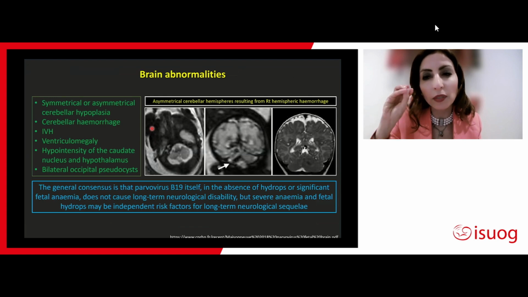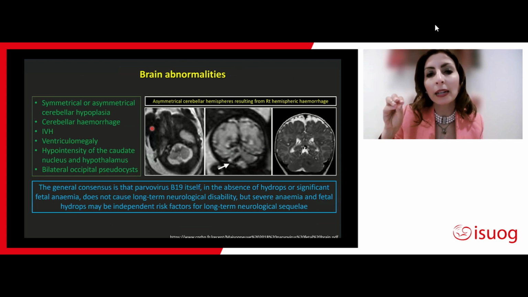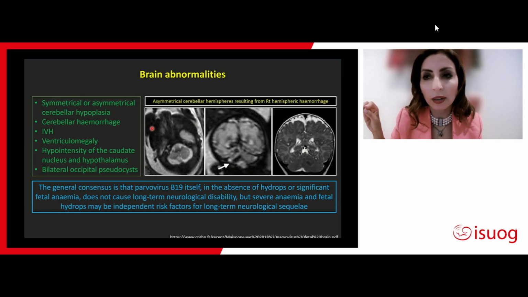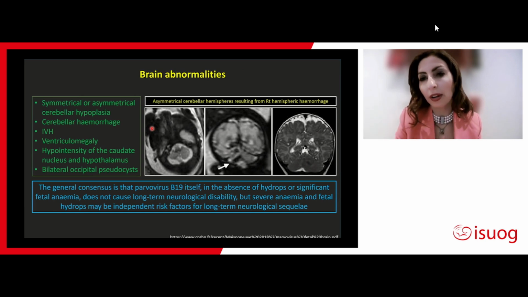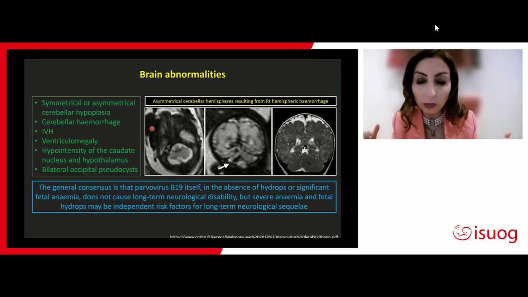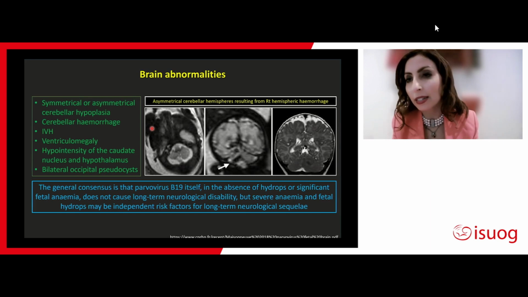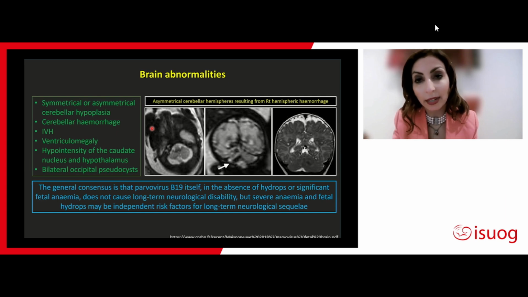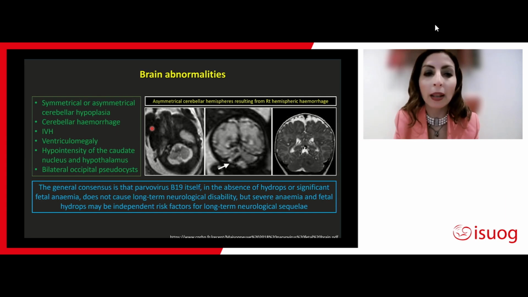But something very relevant to this talk, and the reason I included parvovirus, is the reports of brain abnormalities associated with fetal or congenital parvovirus B19. I appreciate it is controversial, but in this recent outbreak we've seen cases of parvovirus that had transfusion, and when we followed up these babies, we started seeing some brain abnormalities like a small cerebellum, for example, or cerebellar hemorrhage.